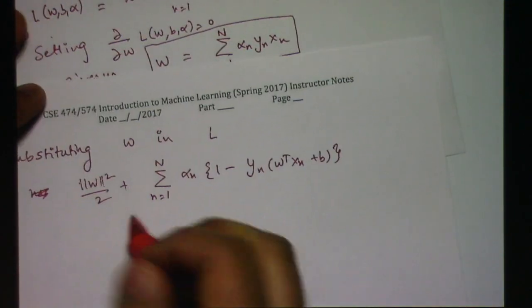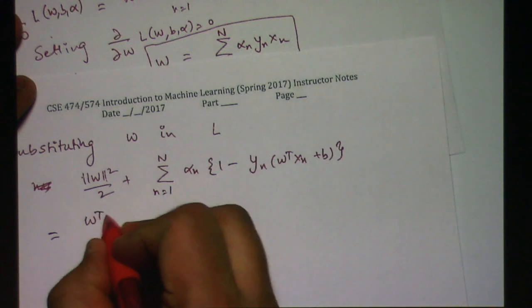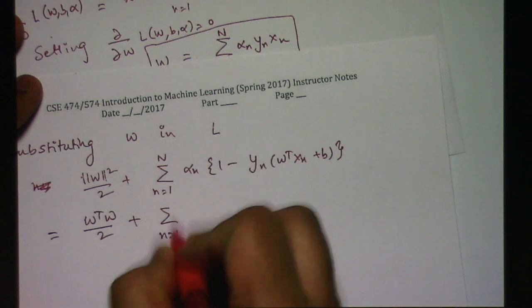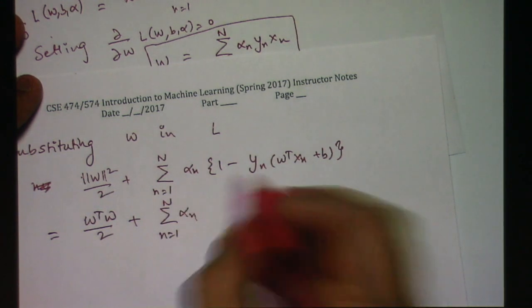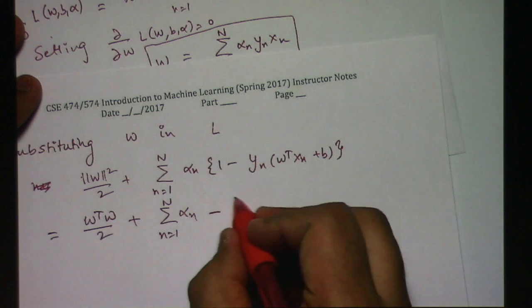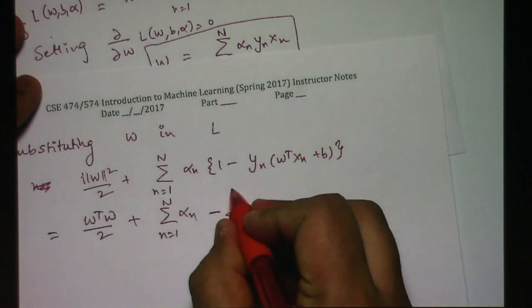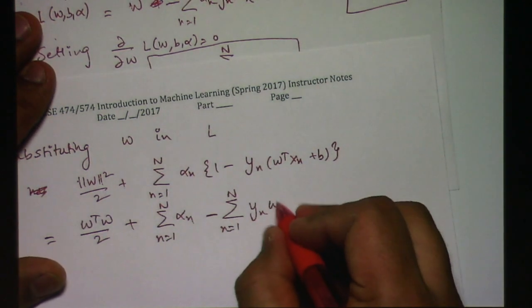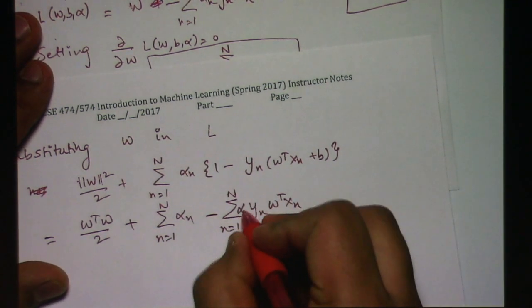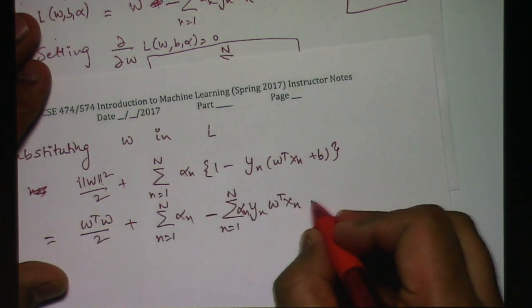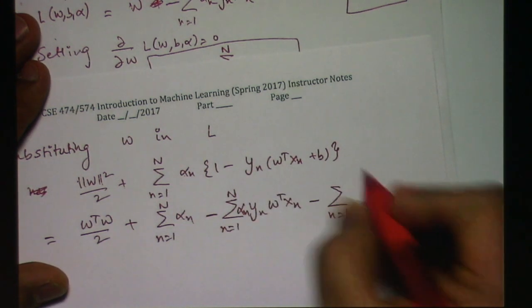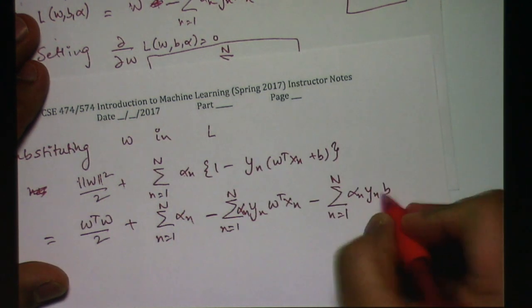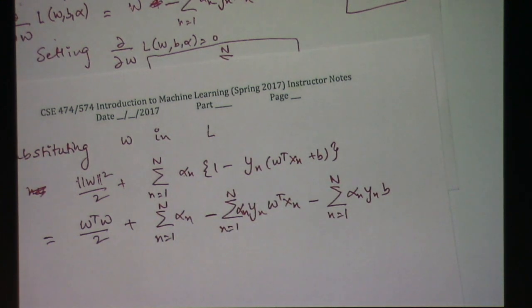So let's just open this up so that it's easier. This is essentially W transpose W by 2, plus summation n equal to 1 through n. I'm going to move these in: alpha n, minus alpha n yn W transpose xn. I'm just multiplying everything inside, and minus alpha n yn b. So I just opened it up.